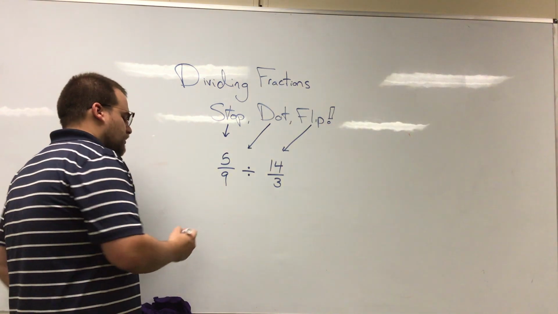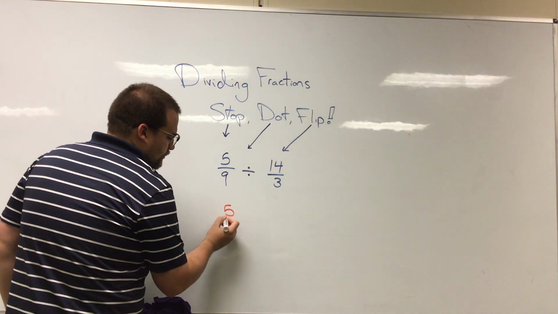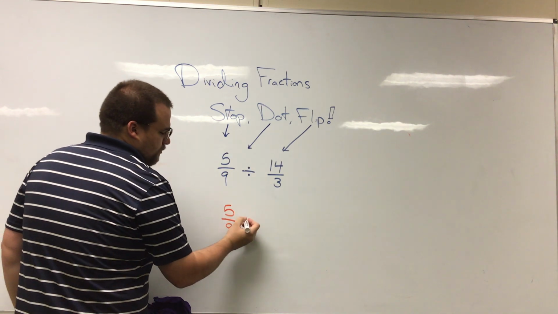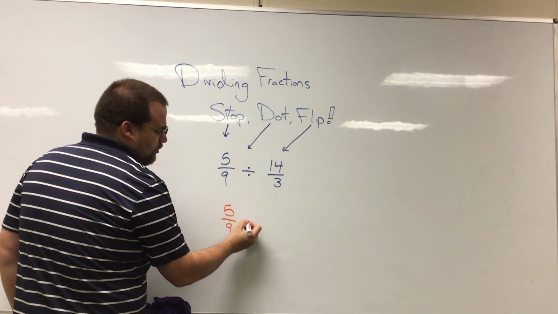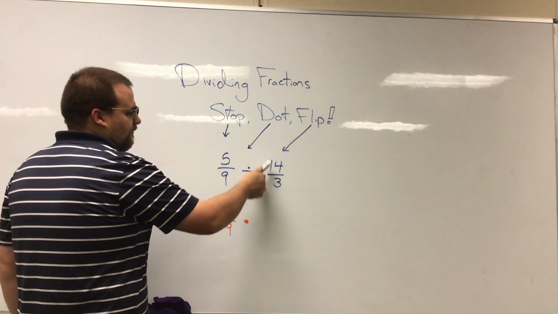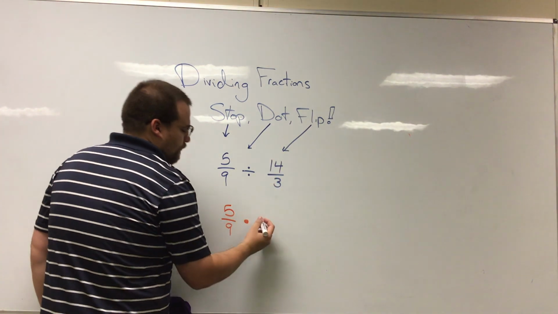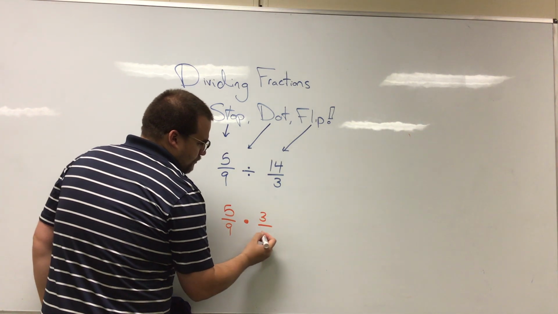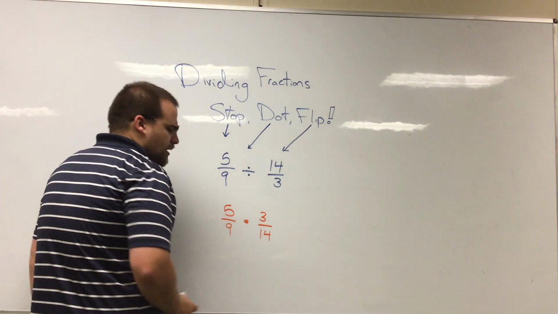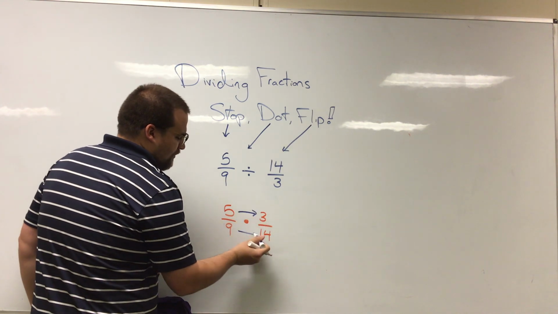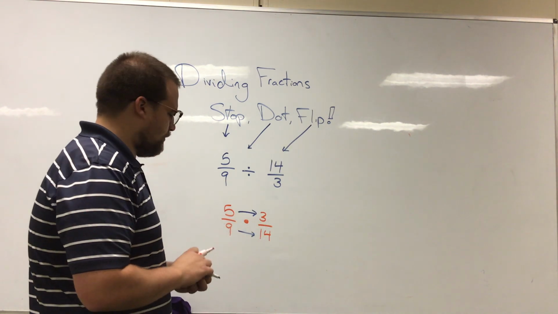So we stop, don't change anything here at all. That stays the same. We dot, turning that division sign into a multiplication sign, and then we flip, making the reciprocal of our next fraction. 14 over 3 becomes 3 over 14. And now we can just multiply straight across.